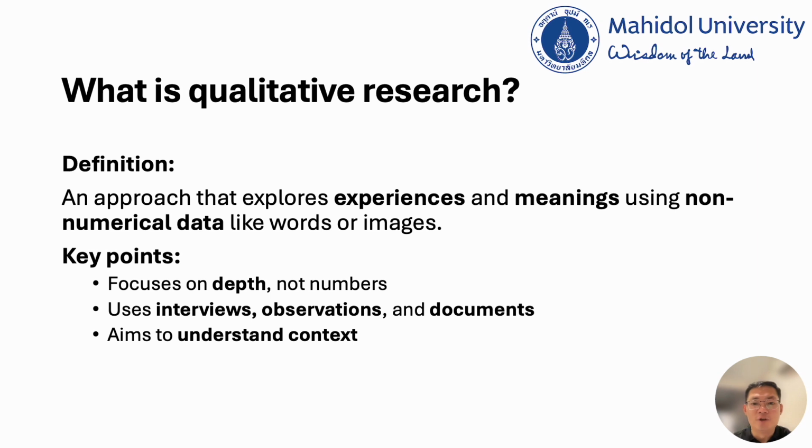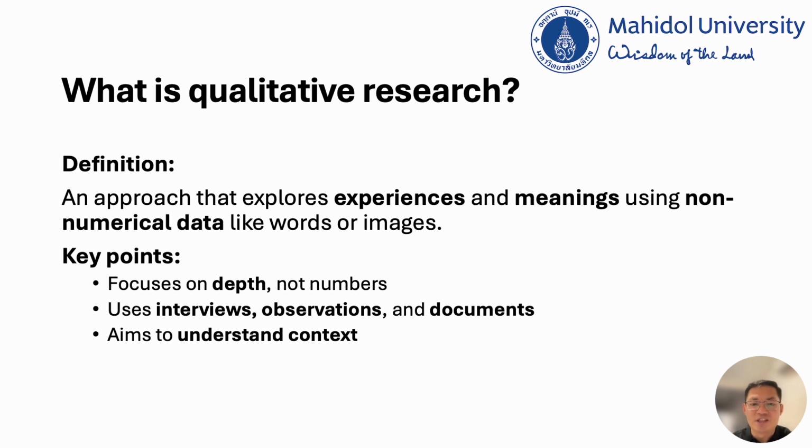To compare with quantitative methods, qualitative research focuses on understanding meaning, experience, and context rather than measuring variables. It uses non-numerical data, such as words, interviews, images, or observations, to capture rich descriptive information.